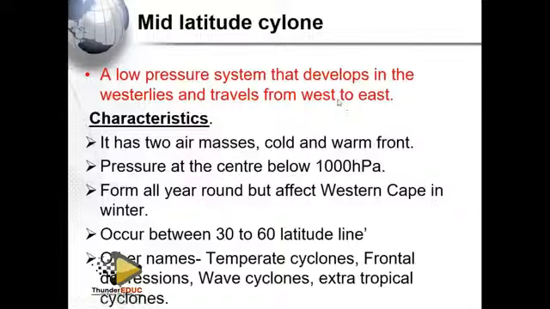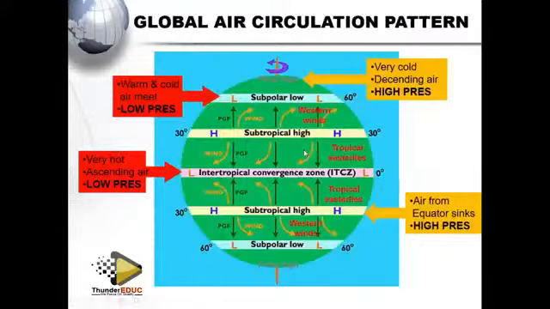So you must note that it's a low pressure system that develops in the westerlies, and it travels from west to east. Why is it traveling from west to east? It is traveling from west to east because it is part of the westerlies. Remember, westerly winds travel from west to east.